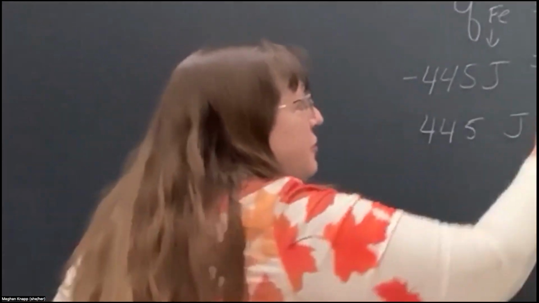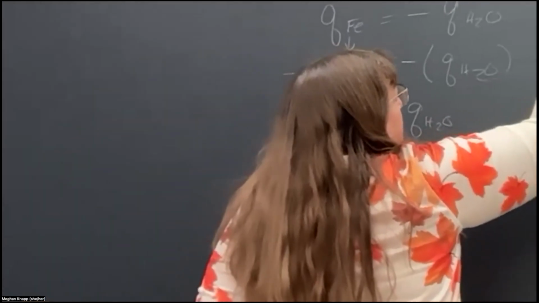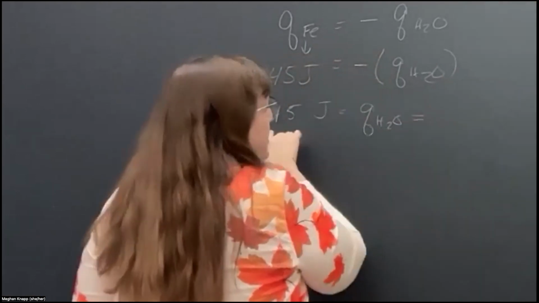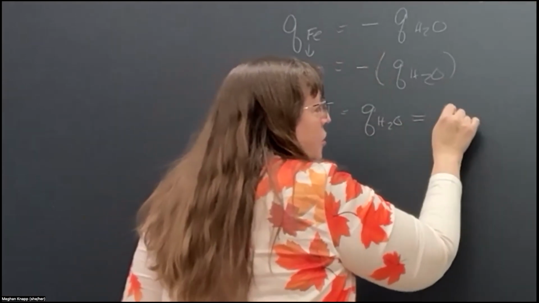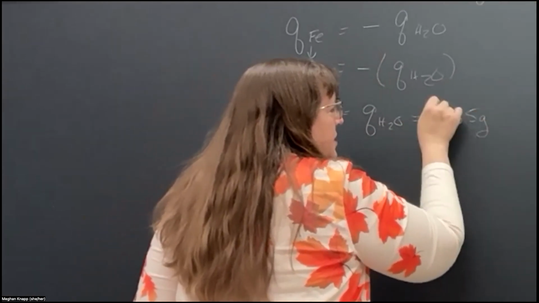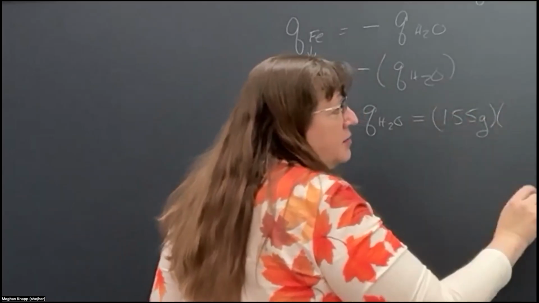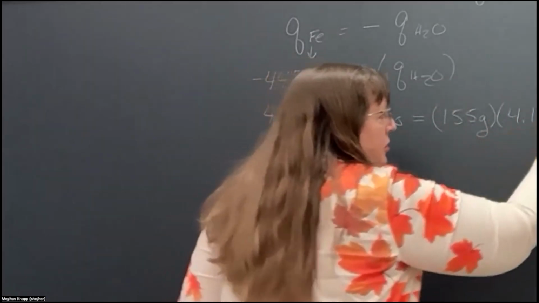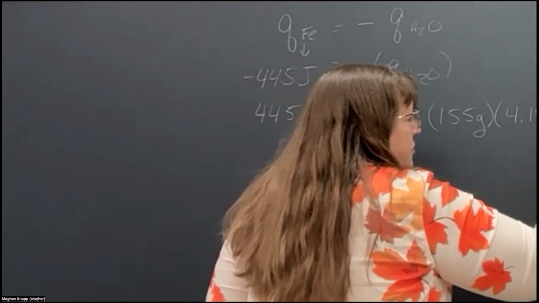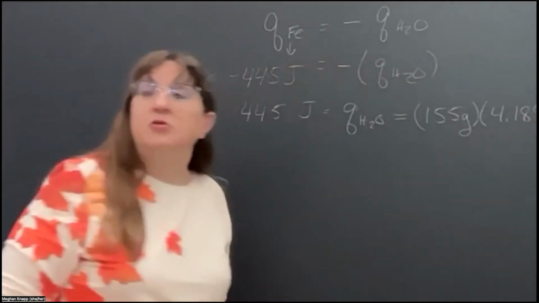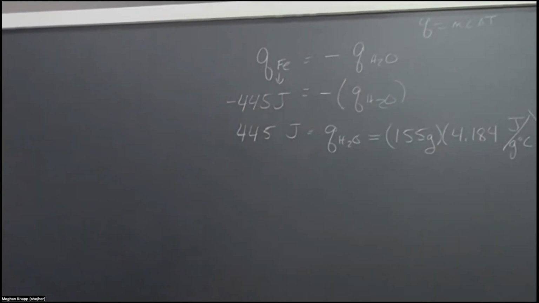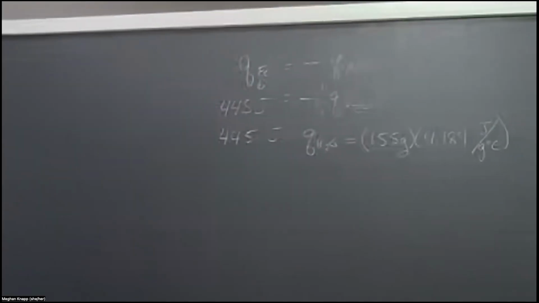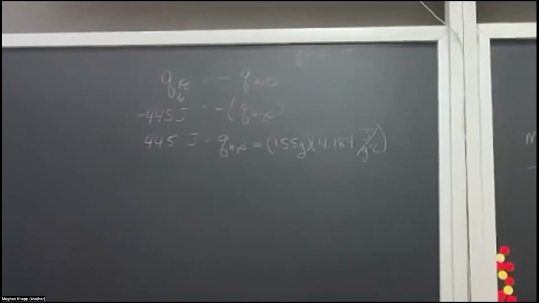And then we're going to use the formula Q equals MC delta T. So this number is equal to 155 grams times the 4.184 that we got from the chart, joules per gram degrees Celsius, or sometimes remember you'll see per Kelvin, but you don't have to switch it to Kelvin because we're subtracting those numbers, and the size of a degree is the exact same size as a Kelvin.